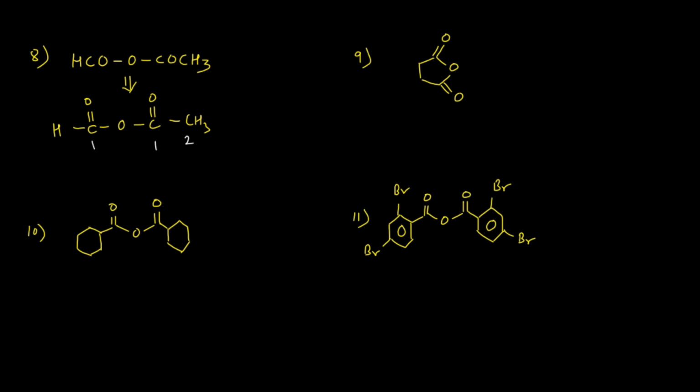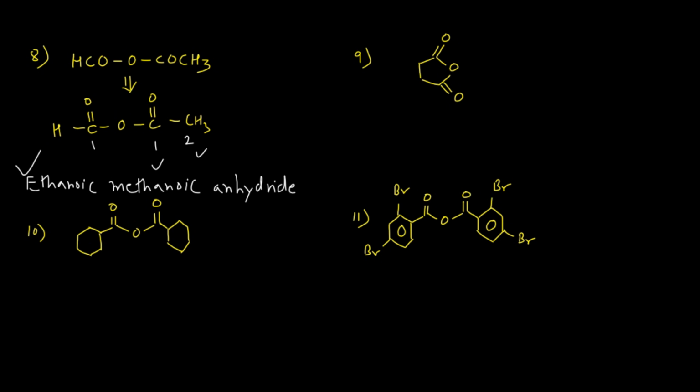Alphabetically ethanoic comes first, so you will write ethanoic for this one. On the left-hand side you have only 1 carbon, that means meth, so it would be ethanoic methanoic, and after that you will have the anhydride, okay. So this is the correct IUPAC name of this compound.